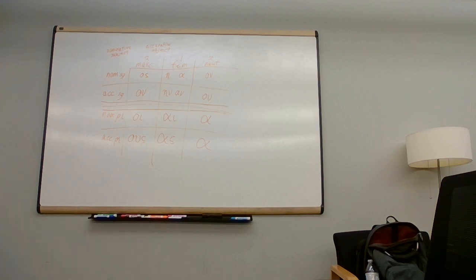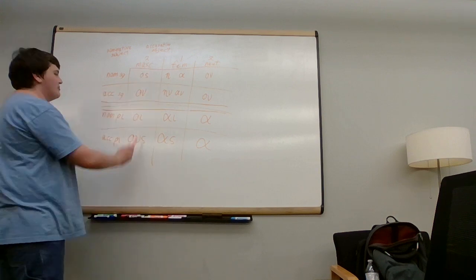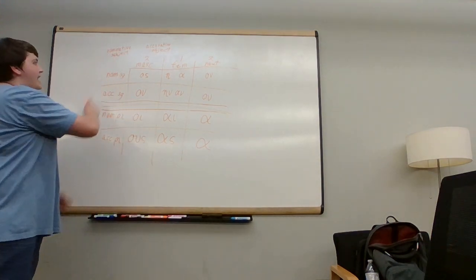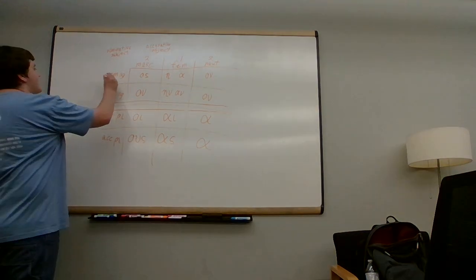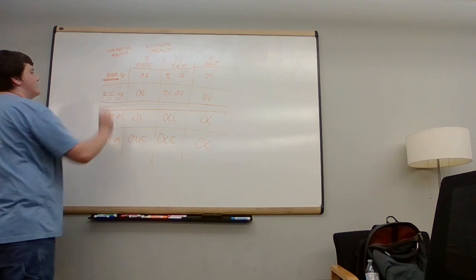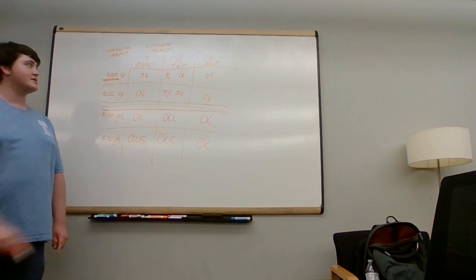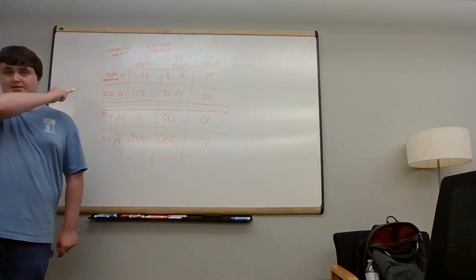The teacher recommends you learn them left to right, not top to bottom. And I 100% agree. Do not try to go, okay, that's all the masculine ones. Okay, that's all the feminine ones. No. Case. Case is the most important thing on this table, because that determines the functionality in the sentence.